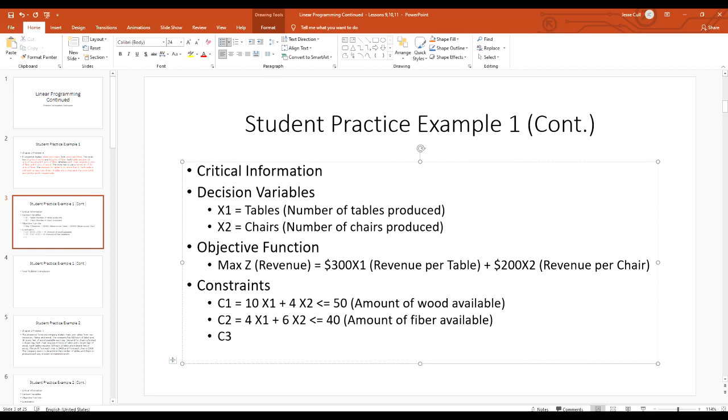So C3 is equal to 4x1 plus 6x2. And it must be greater than or equal to 20. And that's the minimum amount of fiber used daily.